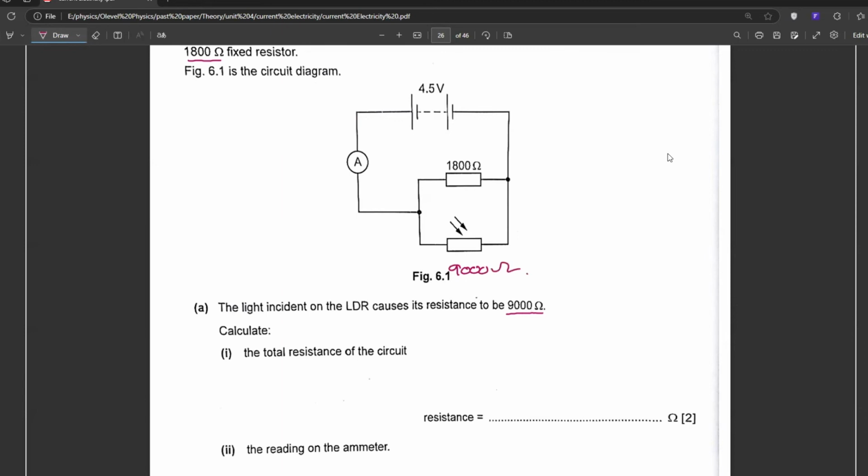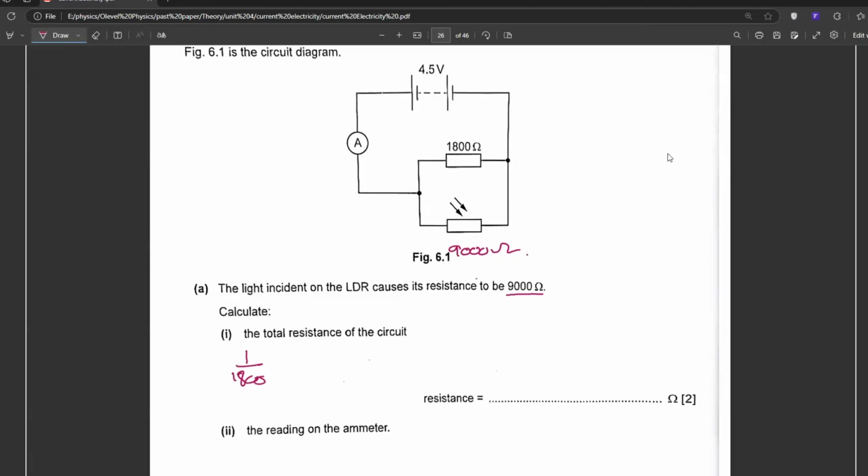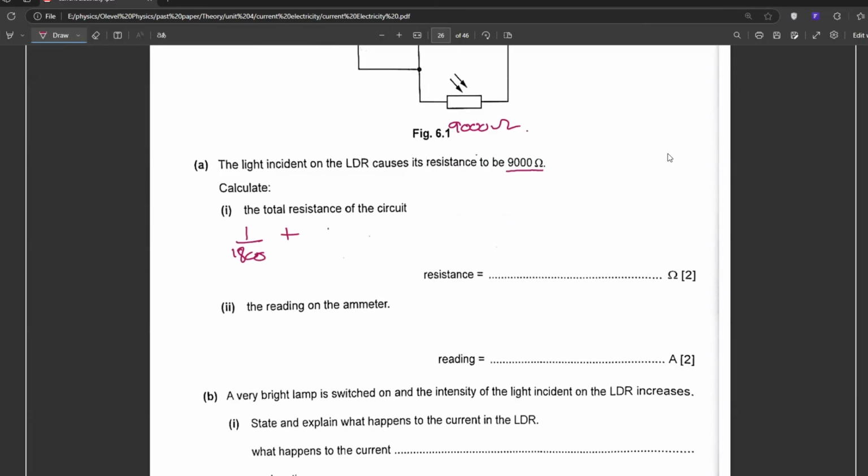The total resistance of the circuit, how will you calculate that? 1 upon 1800 plus 1 upon 9,000 equals 1 upon RT. 1 divided by 1800 plus 1 divided by 9,000, then 1 divided by the answer. This comes out to be 1500 ohm as your total resistance.